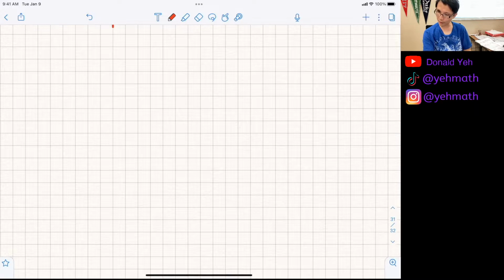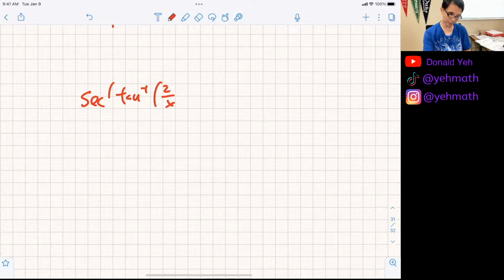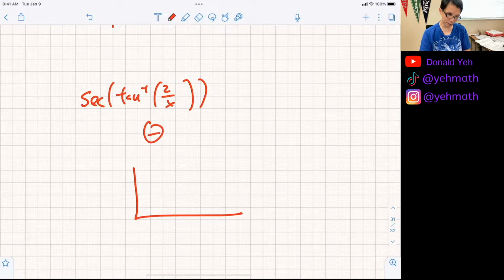The second question is going to be secant of tan inverse of 2 over x. Okay, let's figure out what this is. This one we just have to draw a triangle, because this is the angle. The triangle has a side of 2 and a side of x, and we're going to assume the hypotenuse is z.